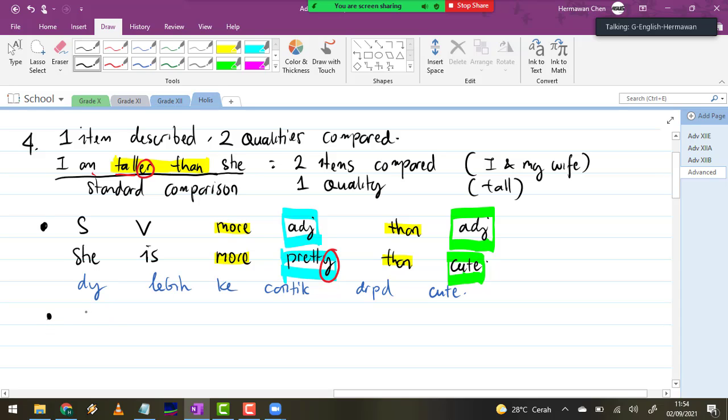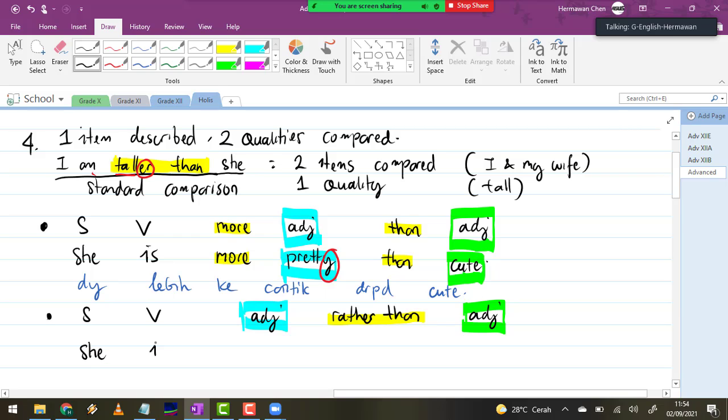Second pattern. The pattern is subject, verb, adjective, rather than, second adjective. This is the first adjective, this is the second adjective. Now let's change the example above using the second pattern.